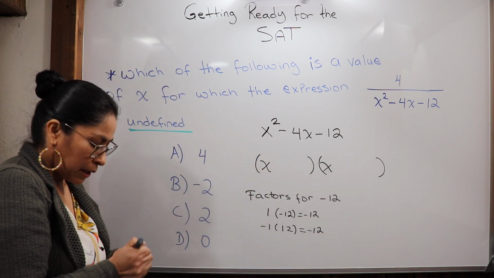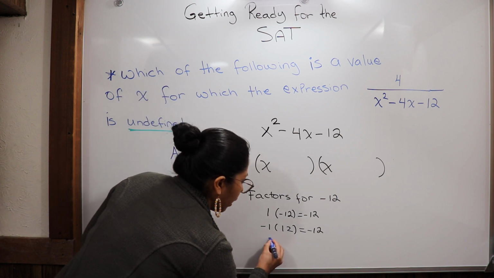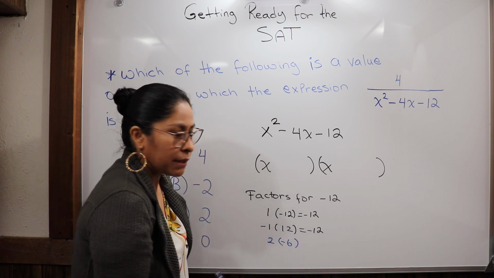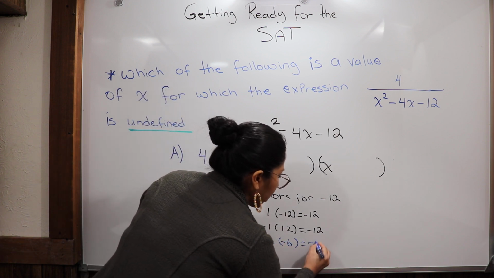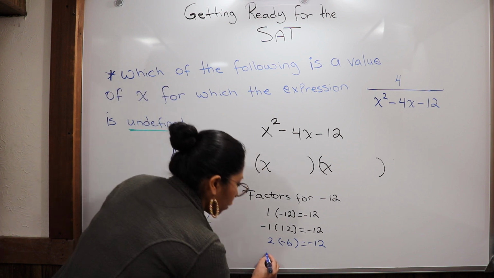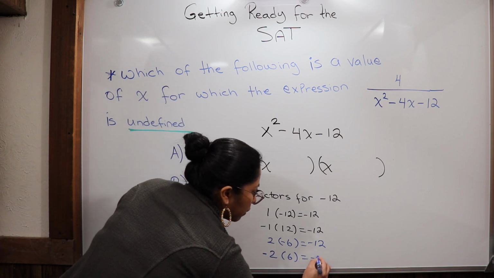I move to the next 2 factors. So it's going to be 2 times negative 6. One of them must be negative. So this is going to be negative 12 as well. So I'm good right here. Then I can also have negative 2 times 6, negative 12.